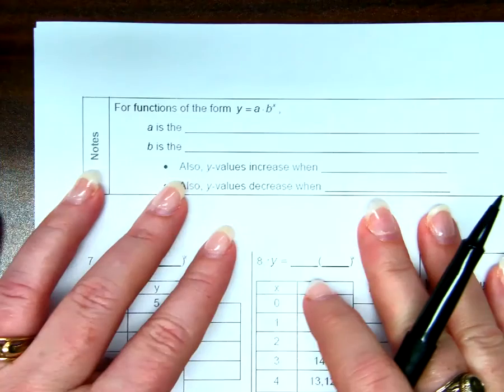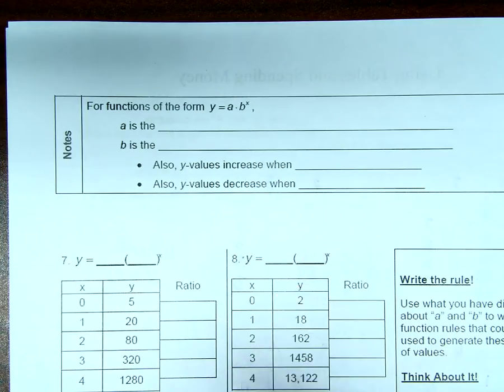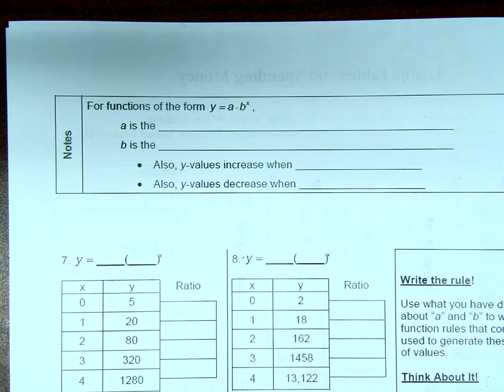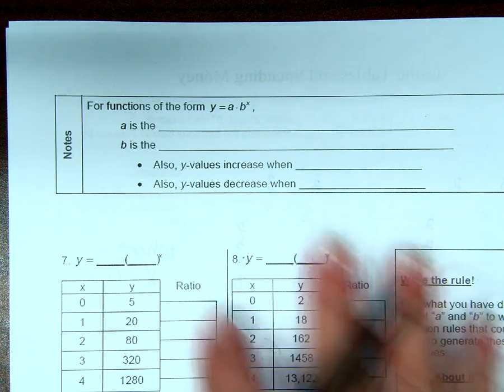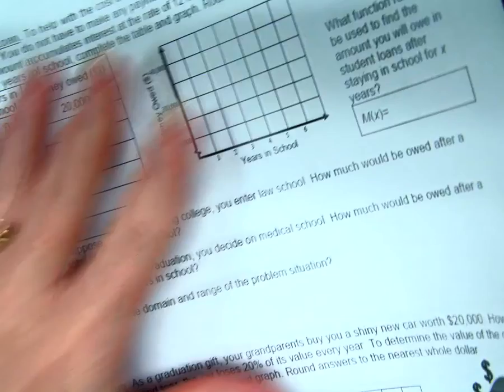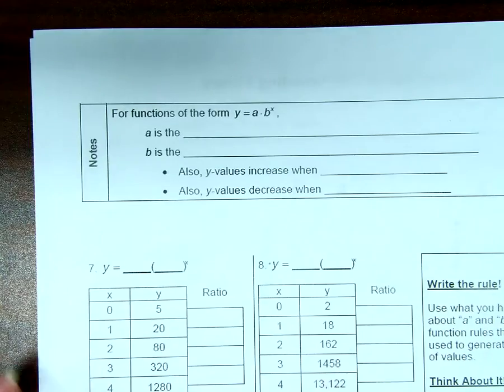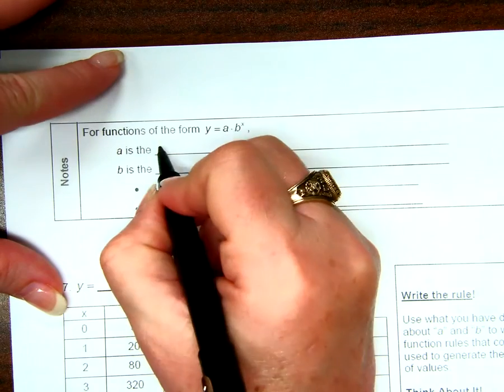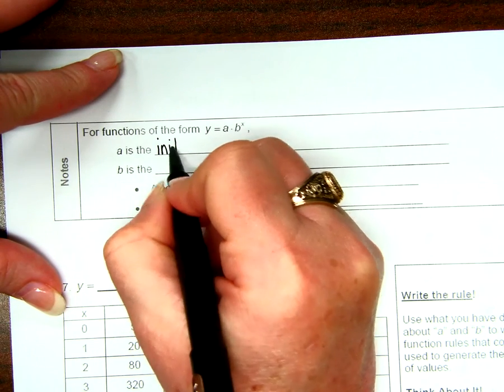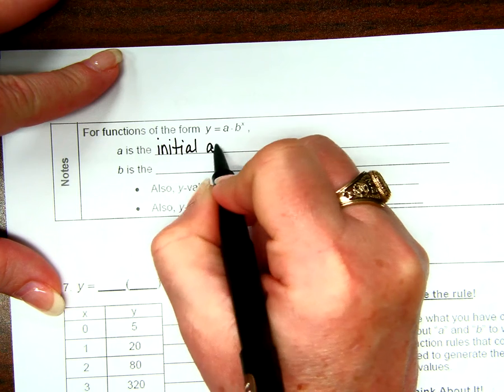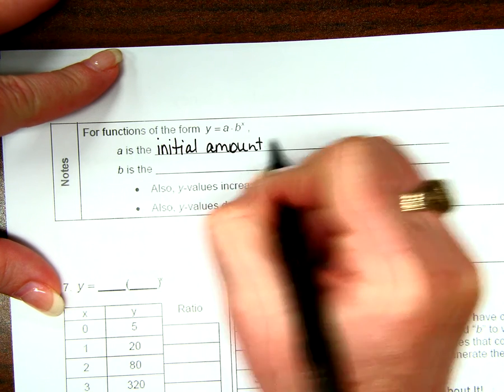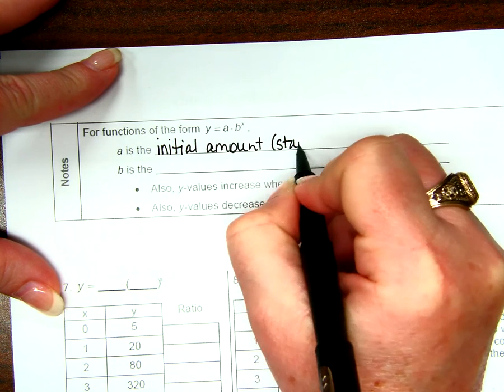For functions in the form y equals a times b to the x, a is the... Well, there's some vocabulary terms that I need to make sure that you understand so that not only this will make sense, but this other stuff over here, like word problems, make sense. You okay with that? A is the initial amount, or the starting amount.